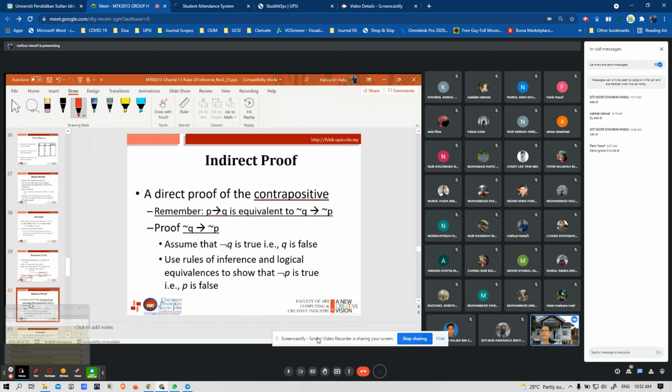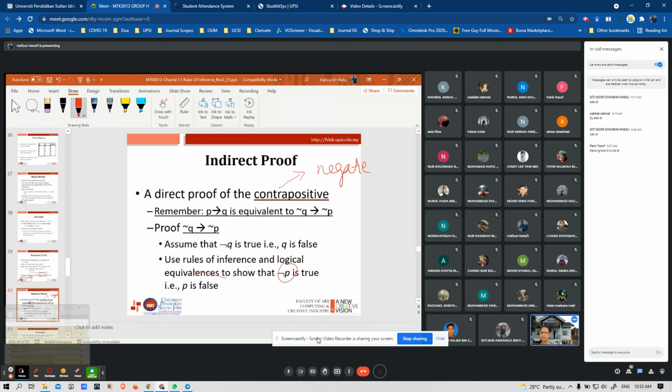And then we have indirect proof, which is a contrapositive. If you want to do the contrapositive, you have to negate the condition. Assume the negation of Q is true, Q is false. Use the rules of inference and logical equivalences to show that negation of P is true.